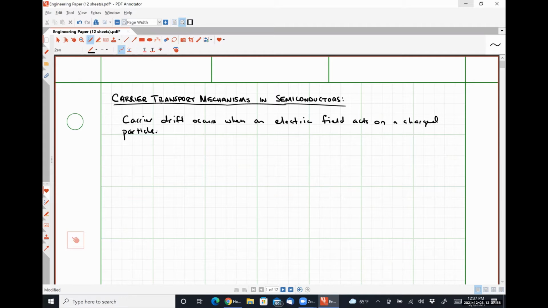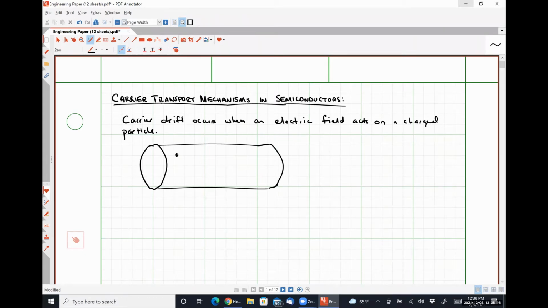So let's consider, instead of a semiconductor for right now, a big chunk of wire. Poorly attempting to draw a cylindrical cross section, right?